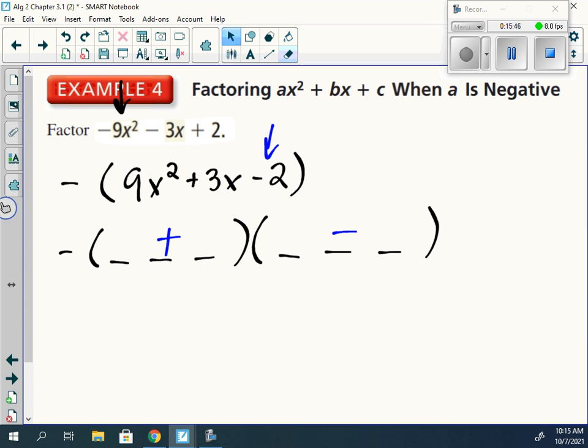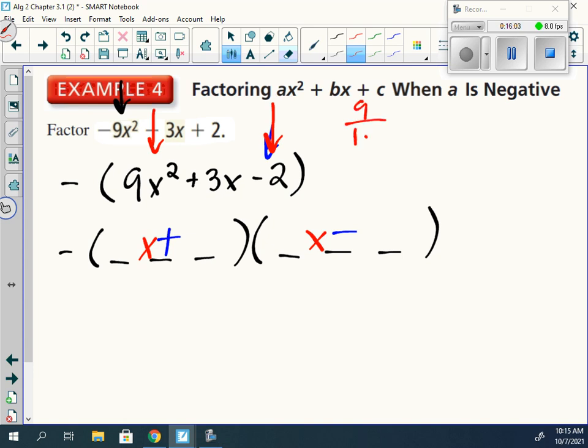Because when we get to step 4 and we're looking at the factors of the first and third term, I'm just looking at the number itself. I'm not having to worry about the signs. So 9x squared, well, we know for certain it's going to be x and, well, 9 is 1 and 9 or 3 and 3?